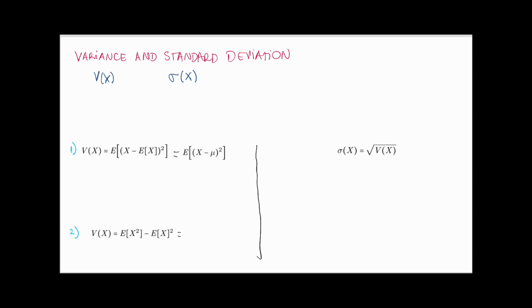Now, if you use the mu notation, you'll do E of x minus mu squared, okay? So at the end of the day, let's break this down. The variance is an expected value, but of a new variable. Do you remember that we created new variables, like y equals 5x plus 1?